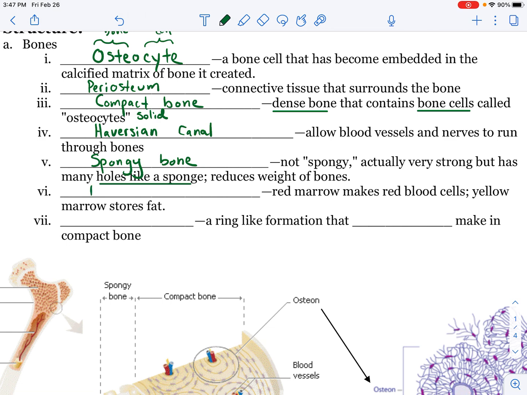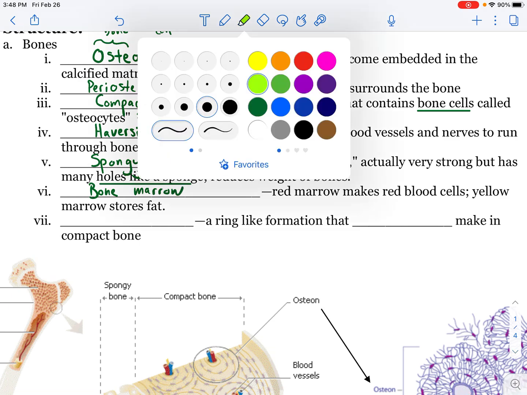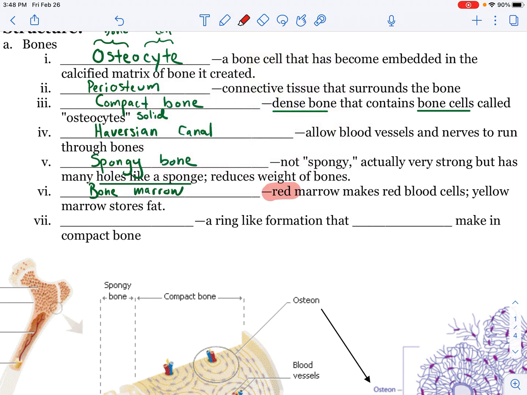Bone marrow is found within the bone. There's 2 types. There's red marrow and there's yellow marrow. Red marrow is what's in charge of making red blood cells, and yellow marrow is what stores fat.